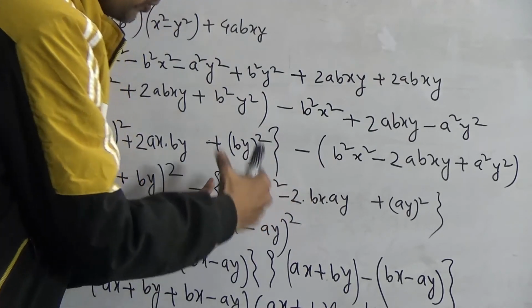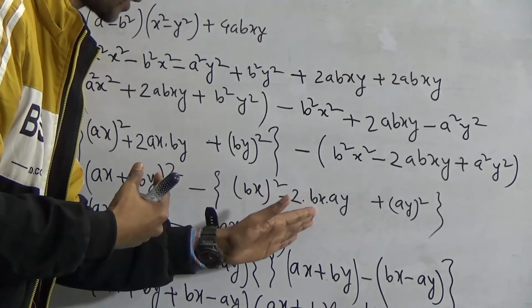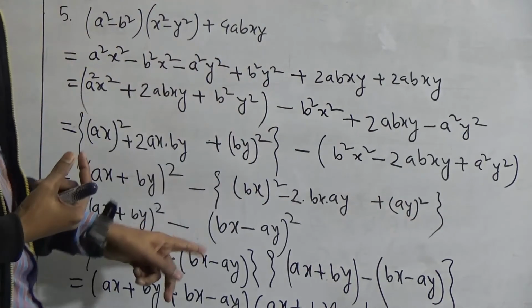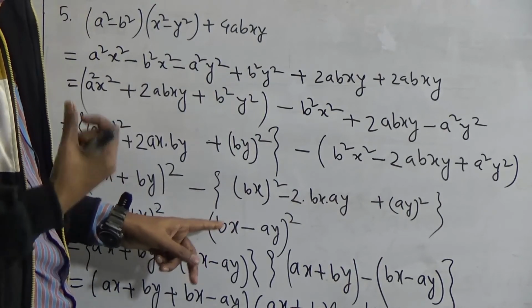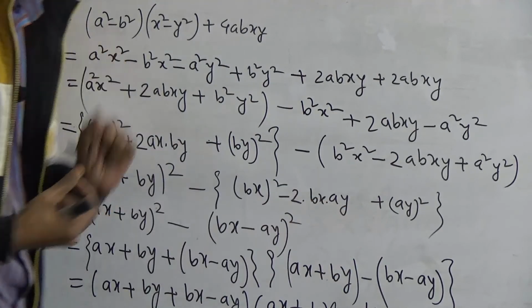Now ax plus by whole square minus, you see, bx minus ay whole square, that means you have to consider a square minus 2, a means bx, b means ay, plus ay whole square is equal to what, a minus b whole square, a means bx, b means ay whole square.